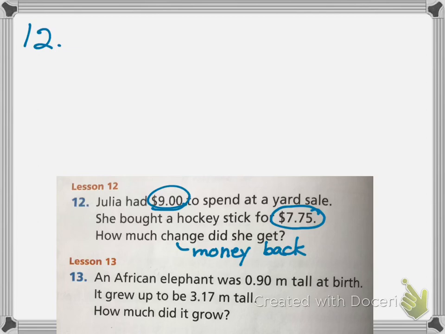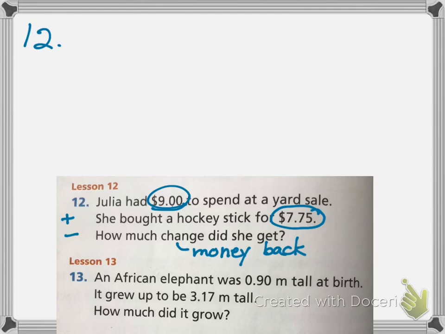She had $9 in her pocket. She wanted to spend $7.75. So if she gave the $9, how much money would she get back? You have to decide whether you're going to add or subtract. You've got to remember to line up your numbers and remember all those things I told you to double check at the end when you're using money and decimals.